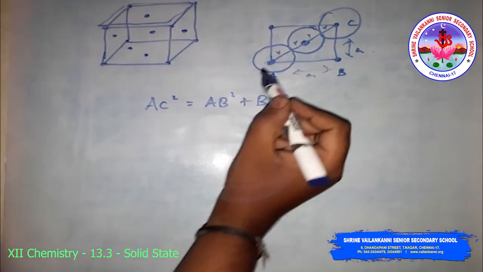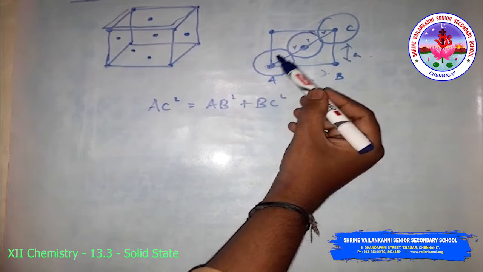Now AC is 4R, since the number of radii is 1, 2, 3, 4.